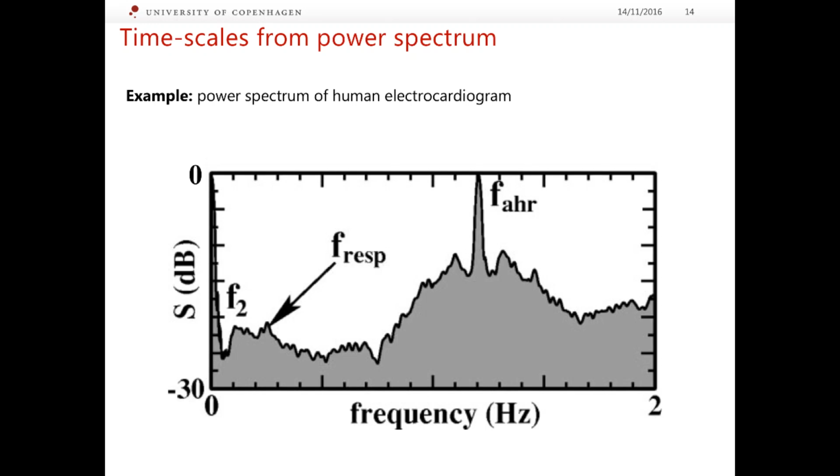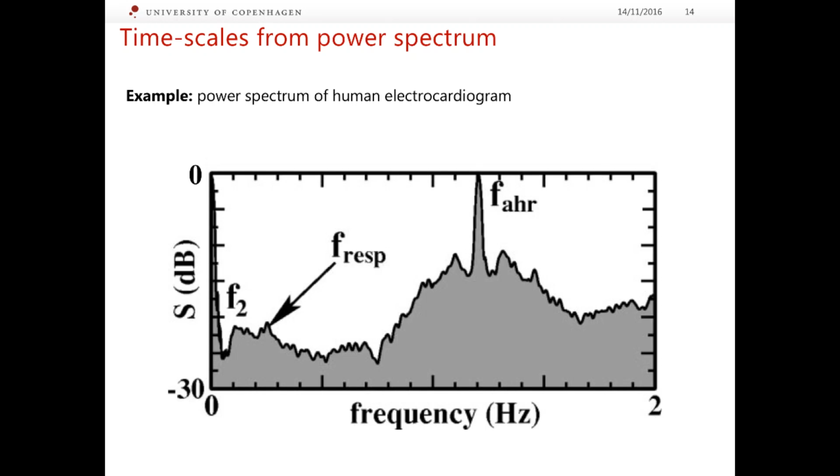In the spectrum shown, we can clearly see three different time scales. The first one corresponds to the highest spectral peak, whose central frequency is denoted as f(AHR) for average heart rate. This is the peak associated with the repetitive heartbeats. The second frequency is denoted as f(resp) and points to the time scale associated with respiration or breathing.